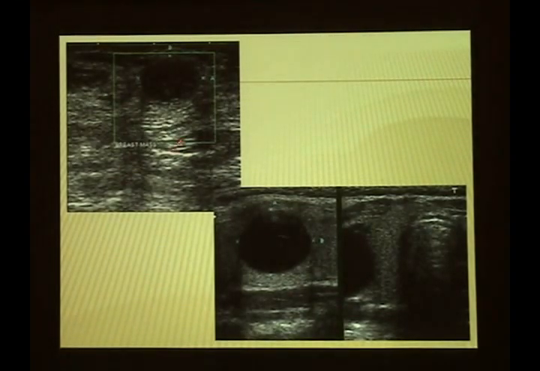Two more examples. Here is the slide of a lesion in the breast, which is a dark lesion, but when we look at the distal portion, there is a band of brightness distal to it, and this brightness band shows that this lesion is fluid filled, and this band is known as acoustic enhancement or increased through transmission.